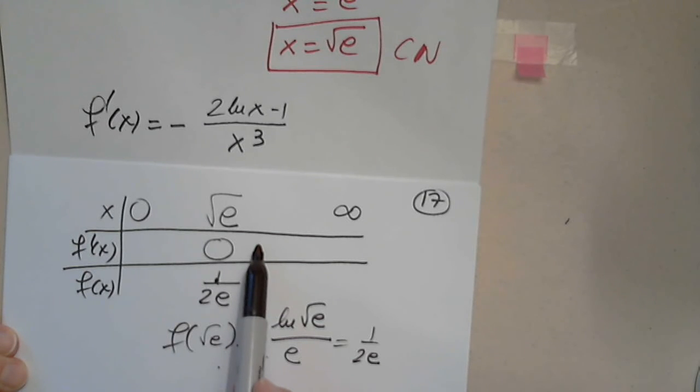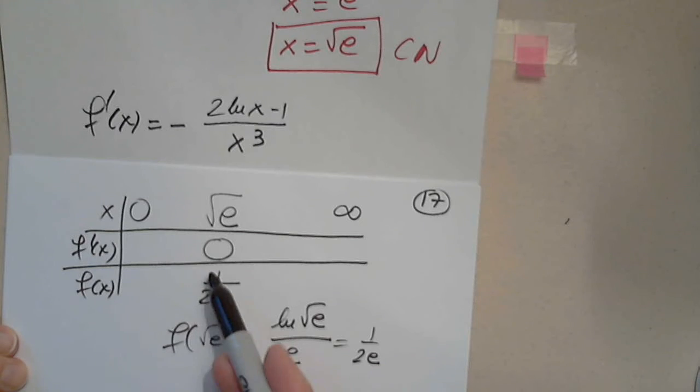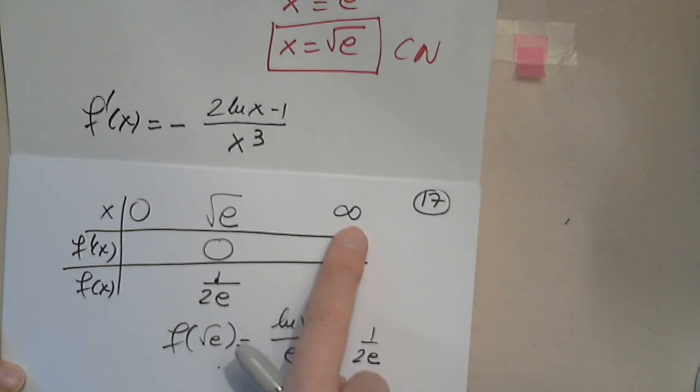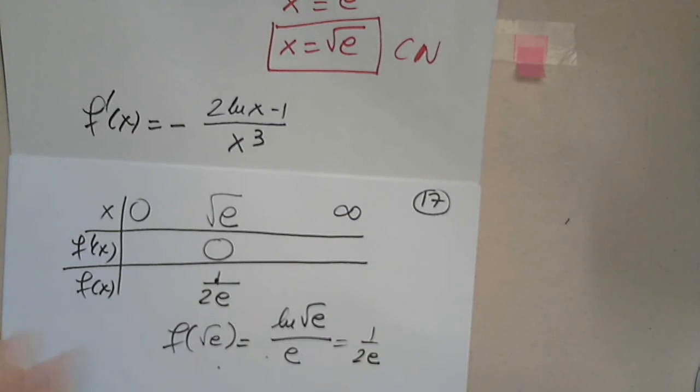If it's positive, negative, then it's a local max. It will happen to be an absolute max as well too. But if this is negative and positive, then it's a minimum. It will also be, no, it will not be the absolute max because this is infinity. Oh, I haven't studied the function yet. Anyway, so we'll see in a moment.